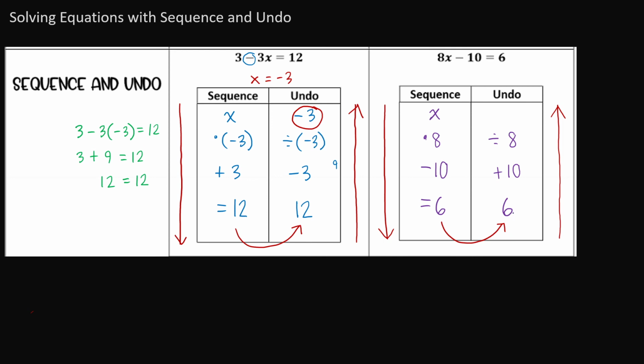So let's keep track here. 6 plus 10 is 16. And then 16 divided by 8 is 2. So look there. We solved this equation, we wrote out the sequence, we undid every part of that equation, and we got our answer, x is equal to positive 2.